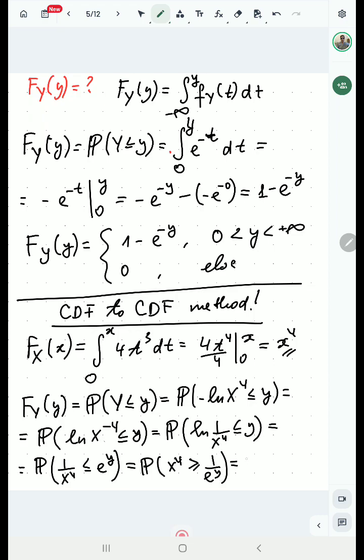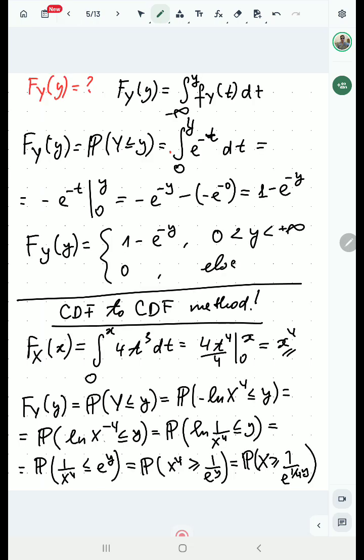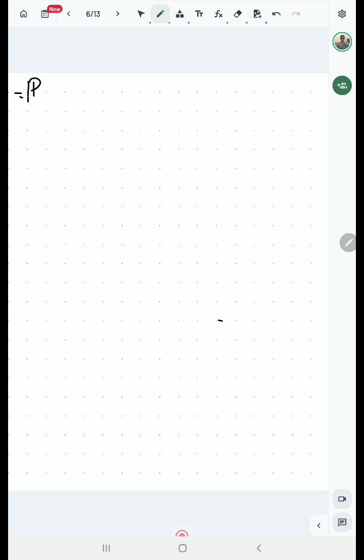And that gives you the probability of x being greater than or equal to 1 over e to the power, we are taking 1 over 4 y, right? Look at this, the probability of x being greater than or equal to 1 over e to the power 0.25y, isn't it?